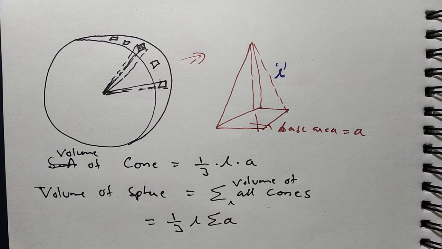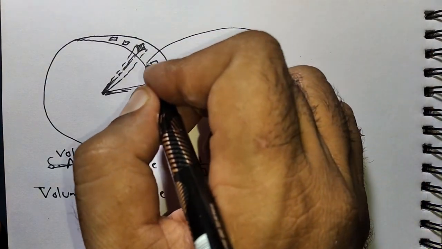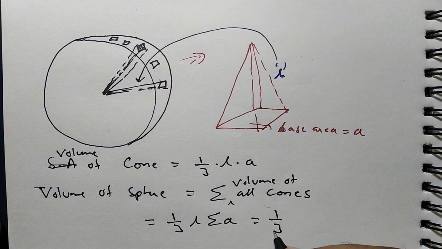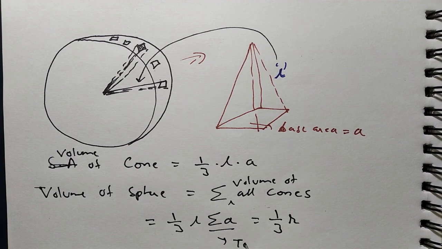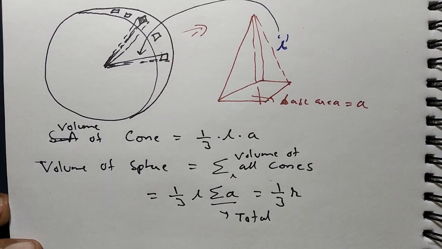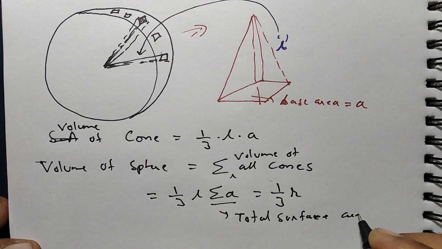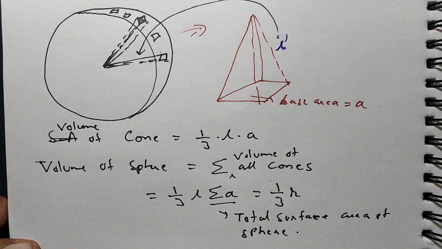And we know that this L is the radius of the sphere. So this is equal to 1 by 3 into R, and this summation A is the total surface area of the sphere.